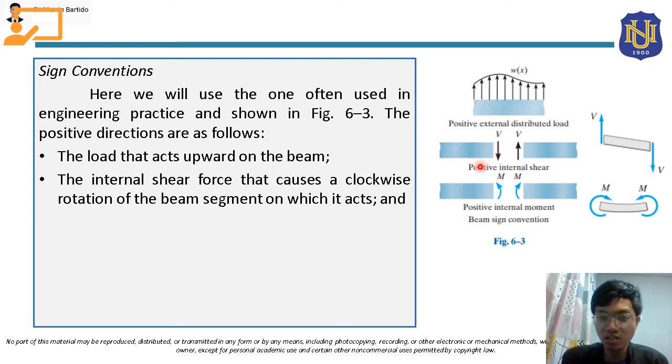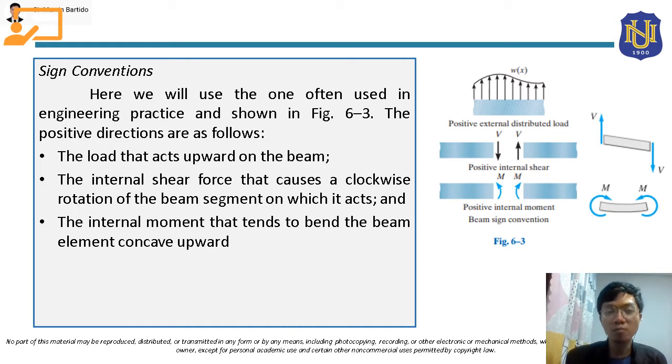So it will rotate this way. This is actually clockwise. And for this internal shear force on this beam segment, it will also cause a clockwise rotation. So it will rotate this way. This is also clockwise. So that's our assumption for positive internal shear force. They will cause a clockwise rotation on the beam segment.